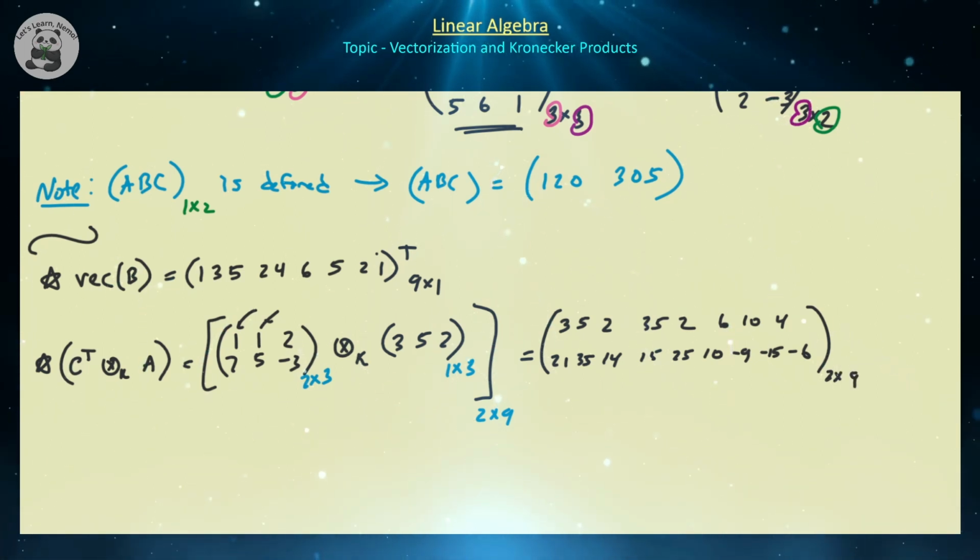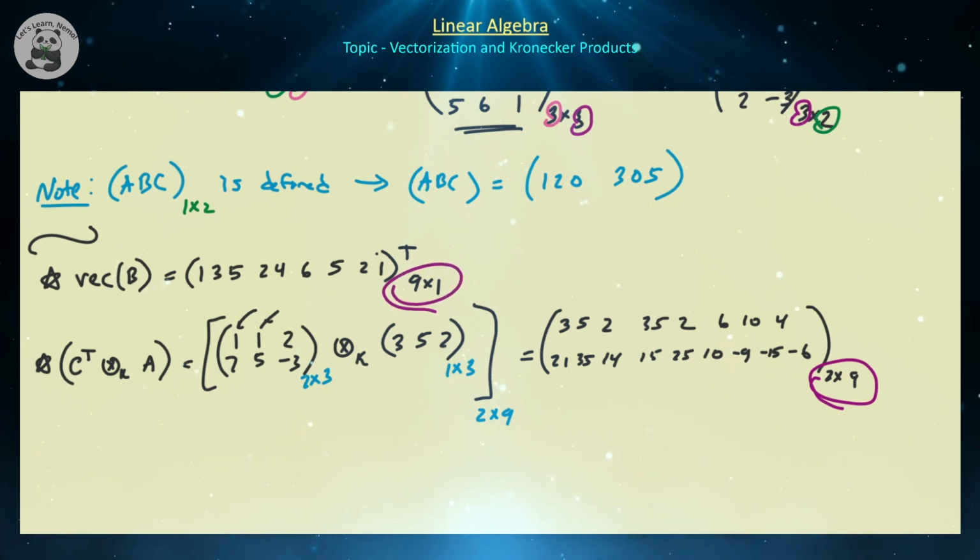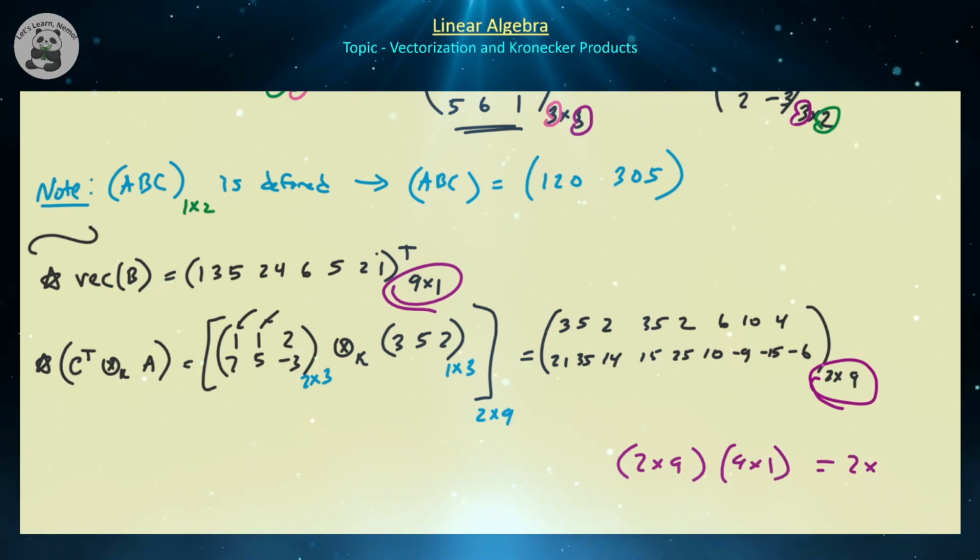So the next thing that I want to do is take this C transpose Kronecker product with A and multiply that by the vectorization of B. Because notice this is a 2 by 9 matrix, this is a 9 by 1 matrix, so therefore a 2 by 9 multiplied by a 9 by 1 will be a 2 by 1 matrix. Does this number look familiar? It should.